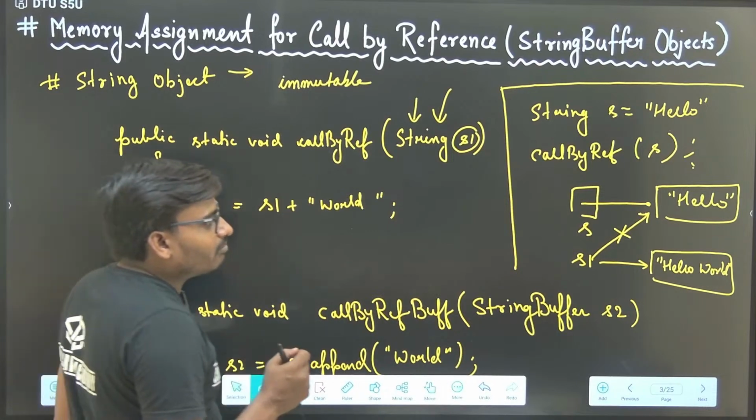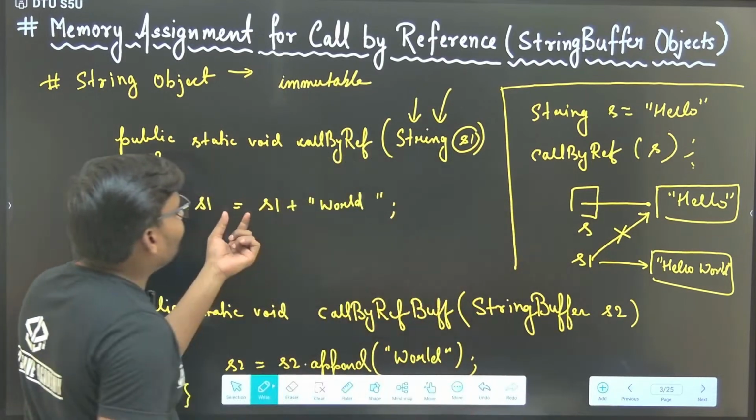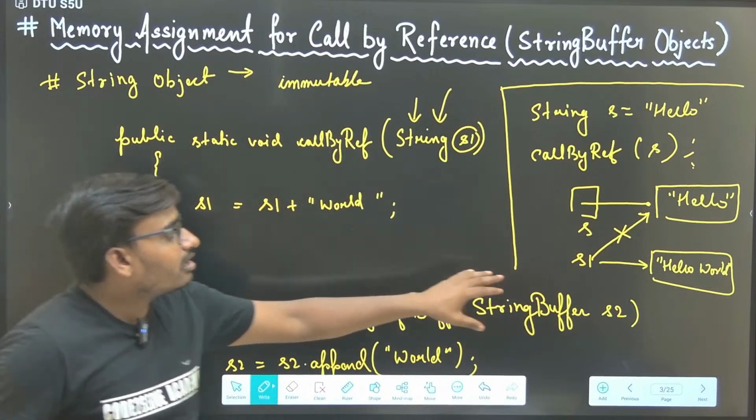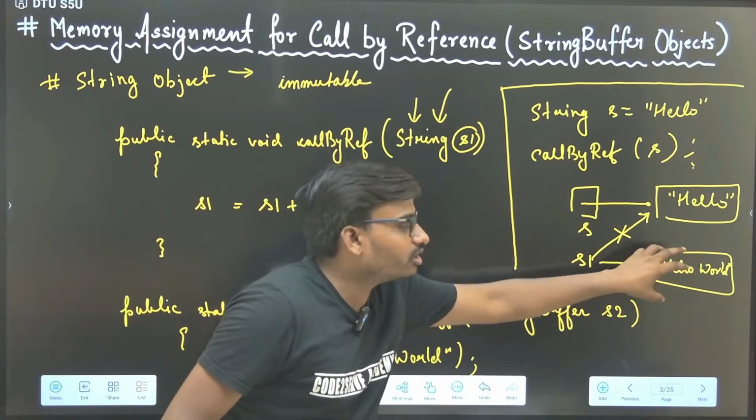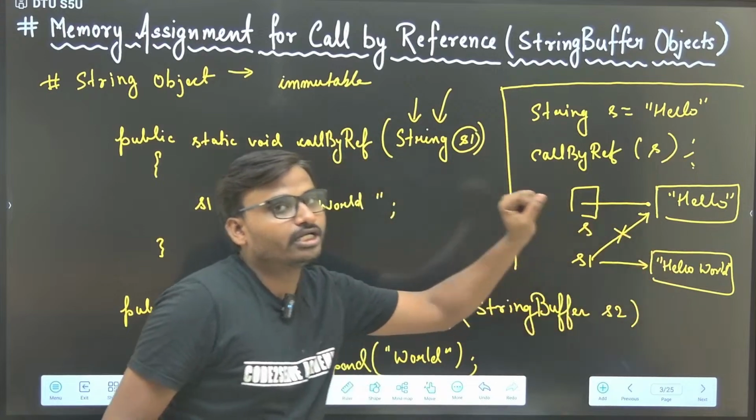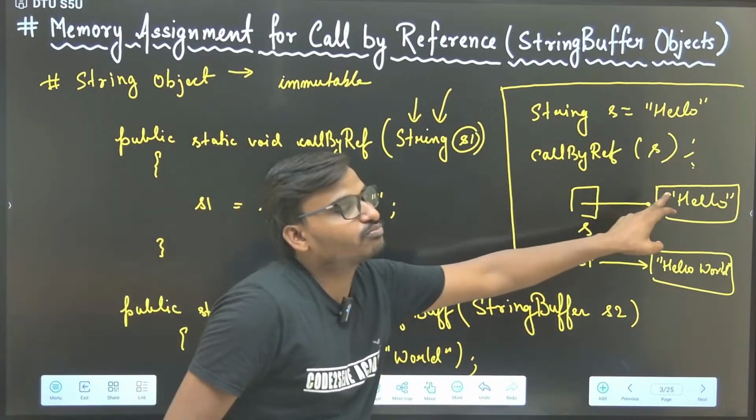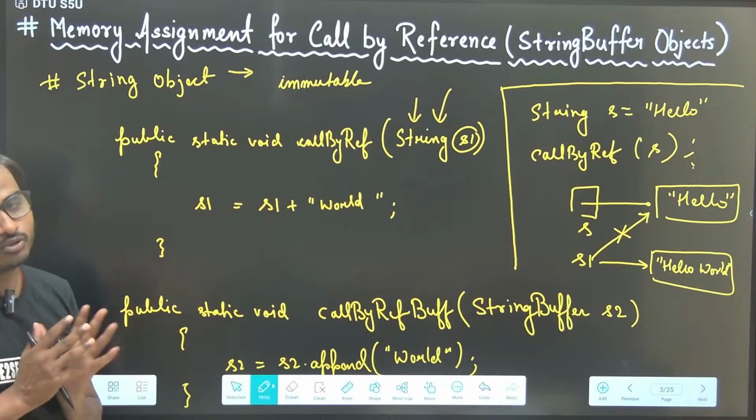That means you have to keep in mind, whenever you change the value in case of a string, there will be a new memory allocation, and this S1 will now point to this, and now this S points to this hello.